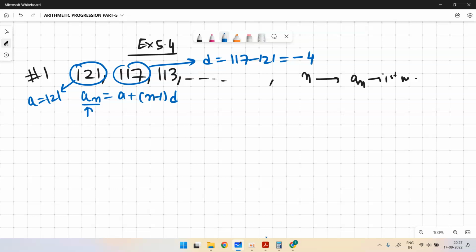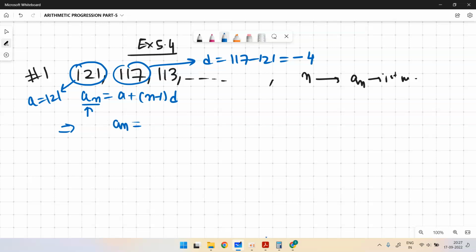You can see that this is a decreasing AP, so we are looking for the first term which is less than 0.